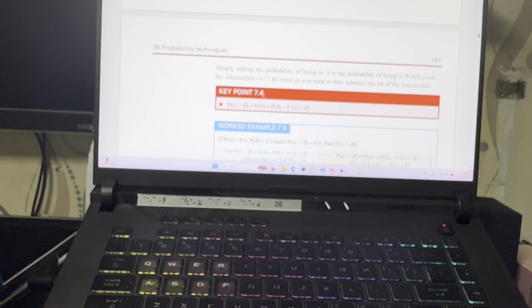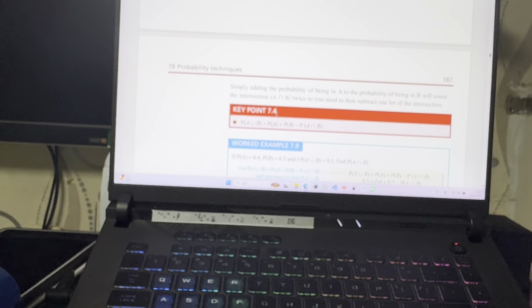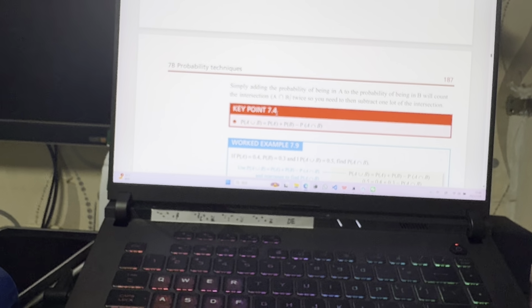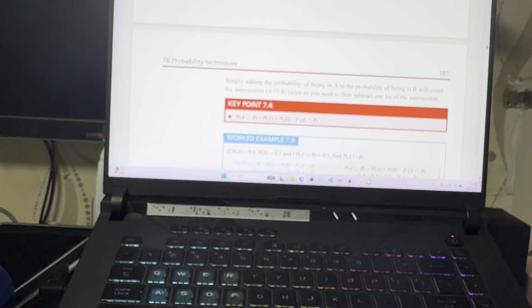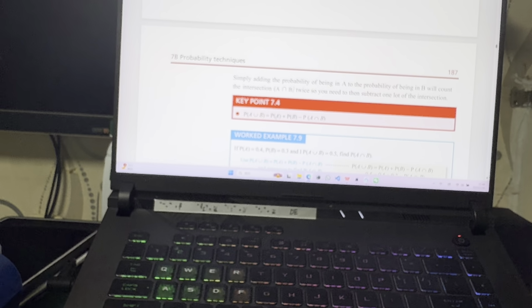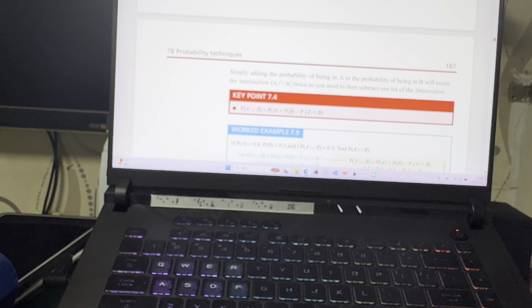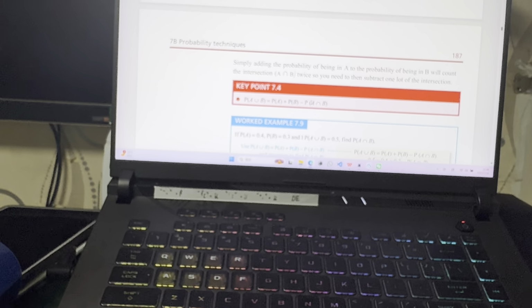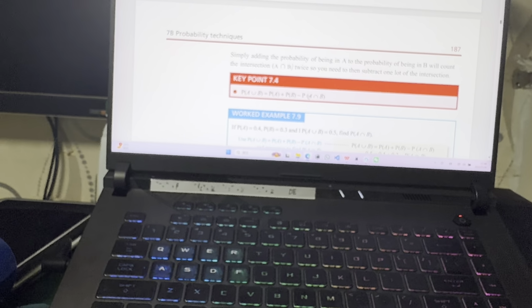So the probability of the combination of A and B is equal to the probability of event A plus the probability of event B minus the probability of the intersection of A and B.